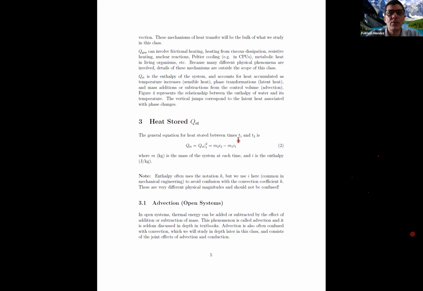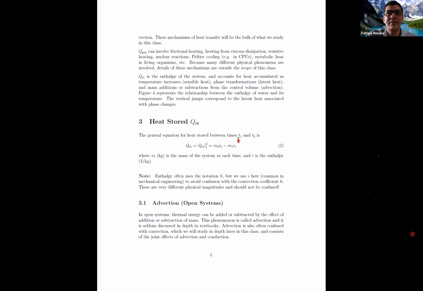Again, these equations look oh so trivial, but they have to become part of our language. One of the difficult things of this class of heat transfer is that it's like learning a language. It might not be so difficult, but we have to do it without thinking.